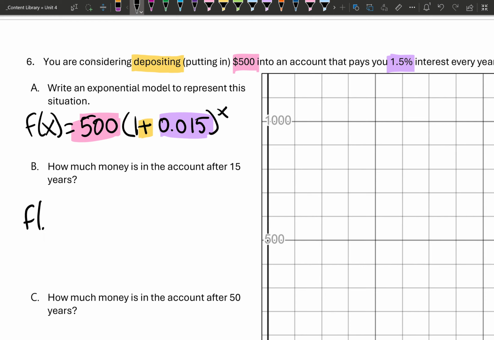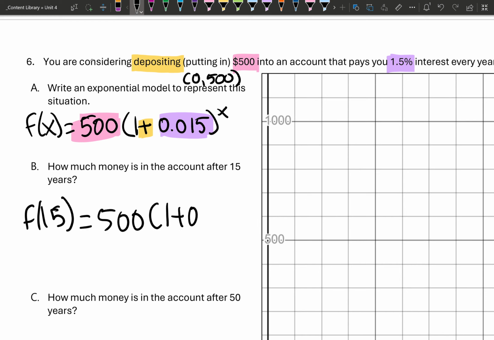And this is us assuming we have not touched the money, not at all. Oh, right, we have our 500. So first we're going to put in 15 into our function. Again, that means we haven't put in any extra money. Now, if I were you and I had a savings account, because this is something I do, I would continue to put more money in there, right?